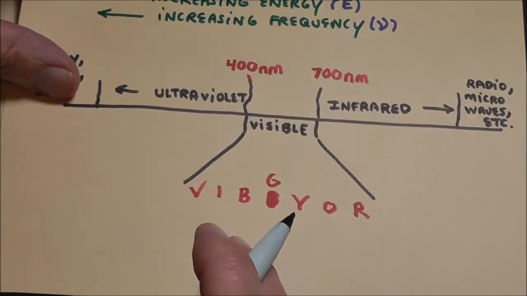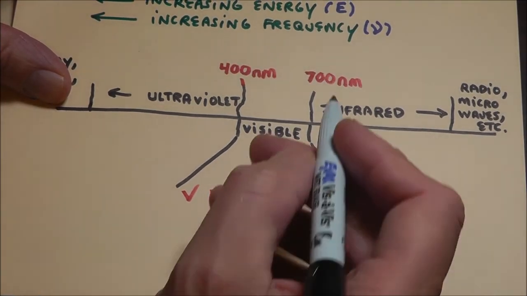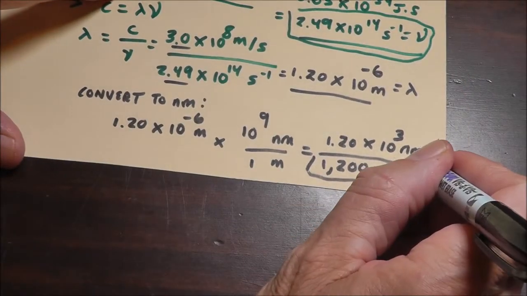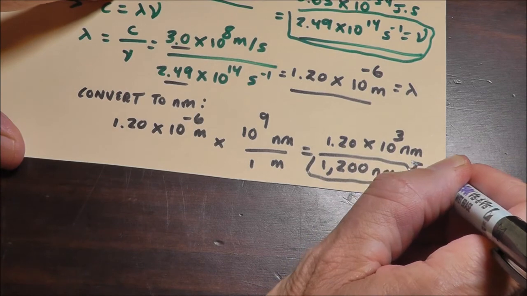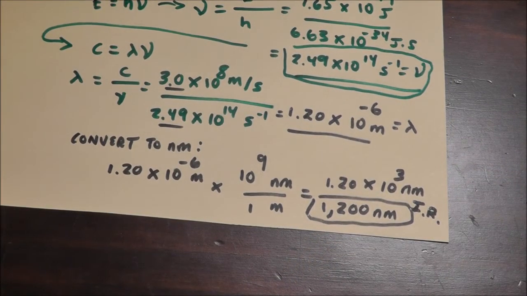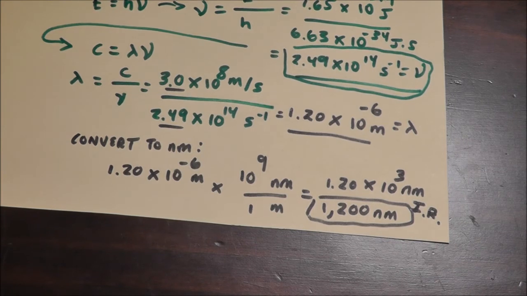That is now greater than 700. It's in the infrared. So it's a larger wavelength than visible.